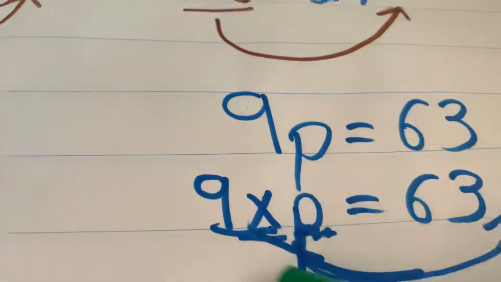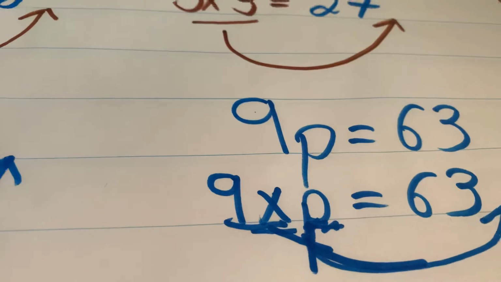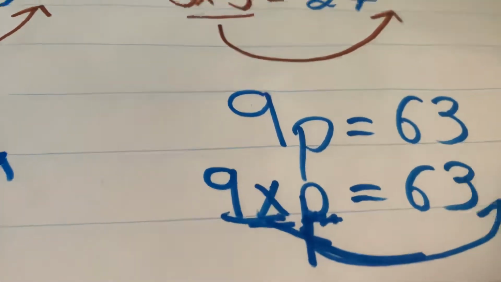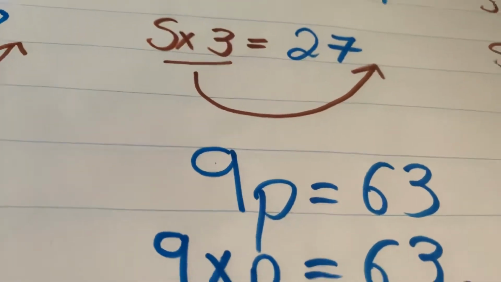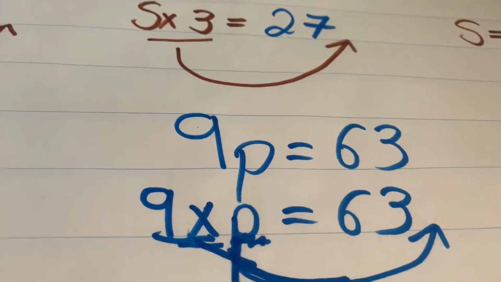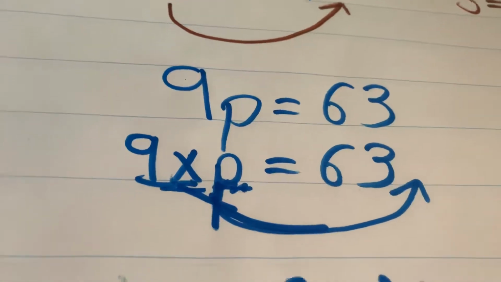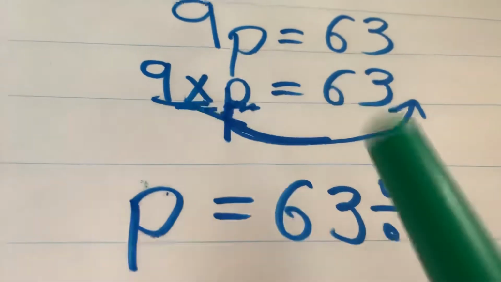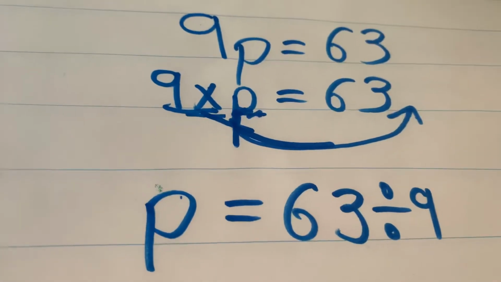Now I want to get this p by itself, which means I have to move everything else, the times 9, over here to the 63 side. And because it's crossing over the equal sign, it becomes divided by 9. Instead of multiplication, it becomes division.